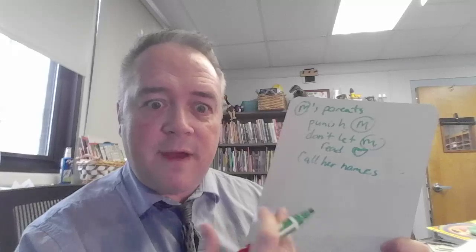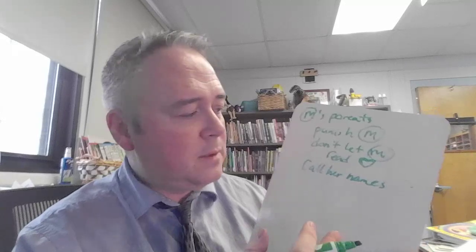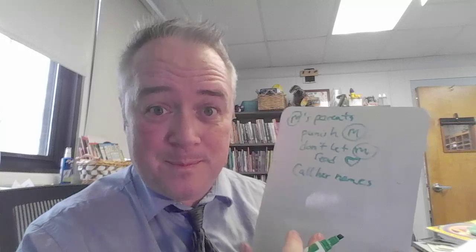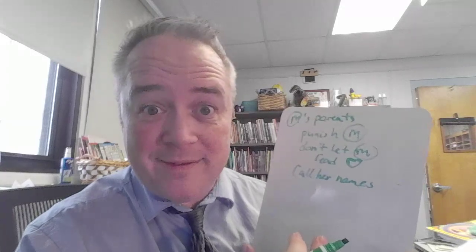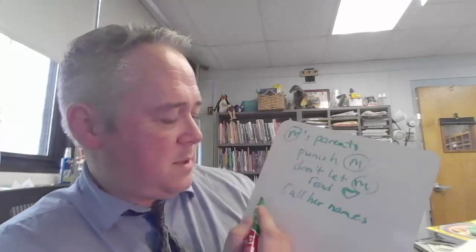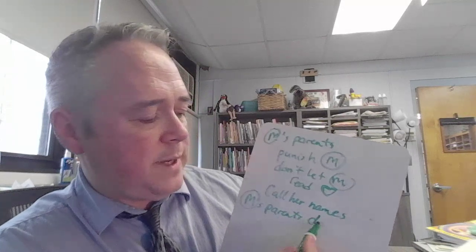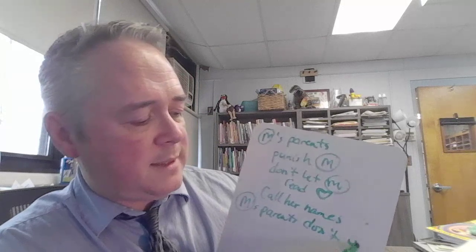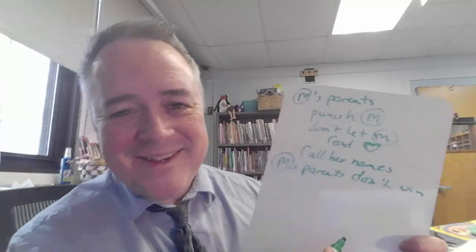All this horrible stuff happens, but then as the story goes on, it kind of comes back to haunt them. We know that Matilda's parents don't win. Matilda ends up winning, right? So that's making me think about James, who has all this unfair stuff going on.